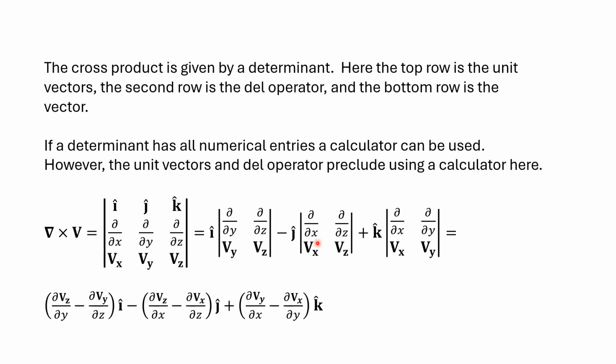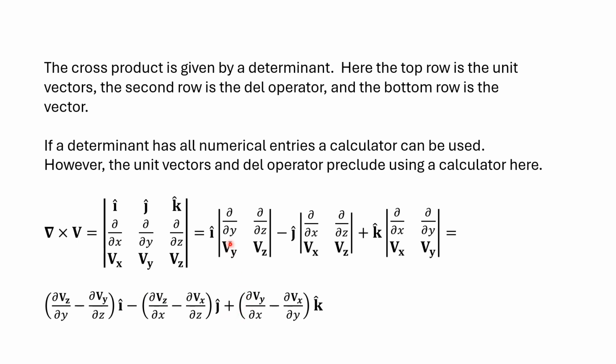So it'll be partial with respect to x, partial with respect to z, Vx, Vz. Then we take the k, the unit vector, and we don't use this column, so we take these four to make this determinant: partial with respect to x, partial with respect to y, Vx, Vy.